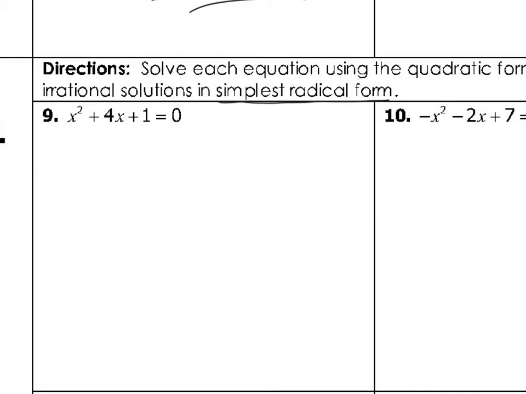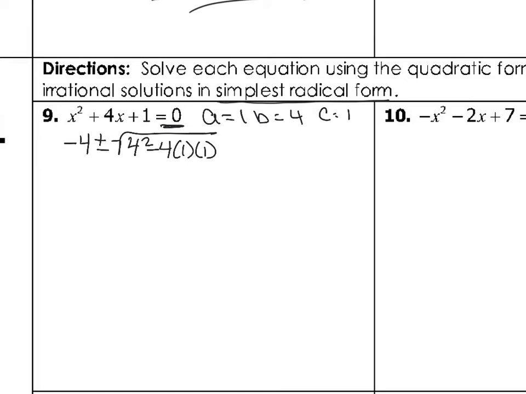Alright, so it is equal to 0, so we're good. A is 1, B is 4, and C is 1. So opposite of B, negative 4 plus or minus square root of B squared minus 4 times 1 times C, which is 1, over 2 times 1.